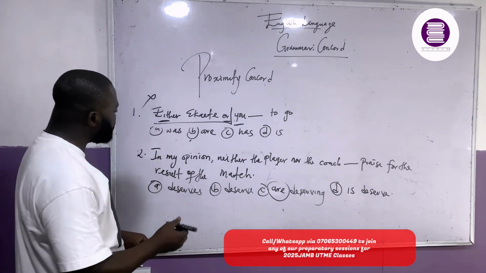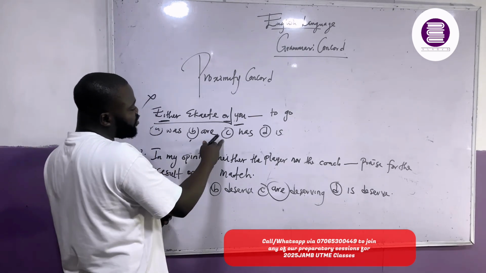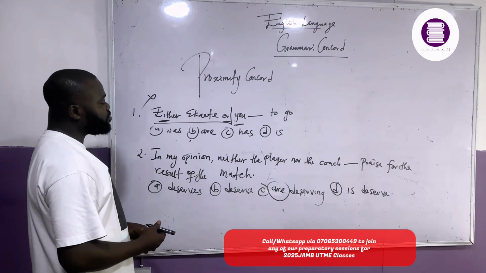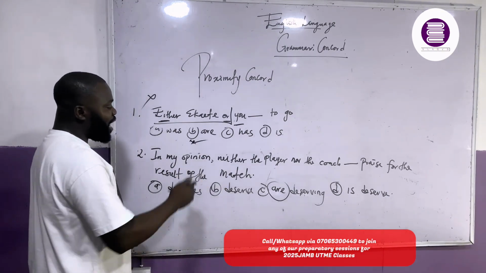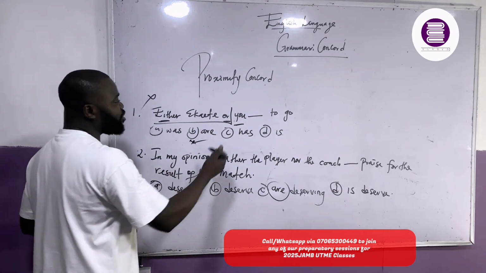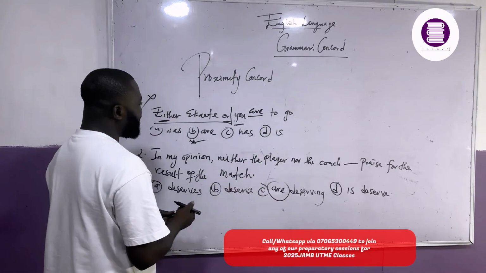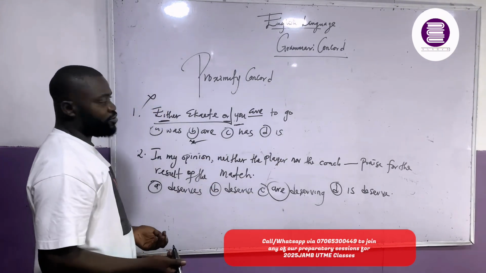Now looking at the options, we have option A, was, option B, are, option C, as, option D, is. Among the options, it is only option B that is plural, and it aligns with this. So the right answer is going to be what? Are. You are to go. We can't say you is to go, you has to go, you was to go.